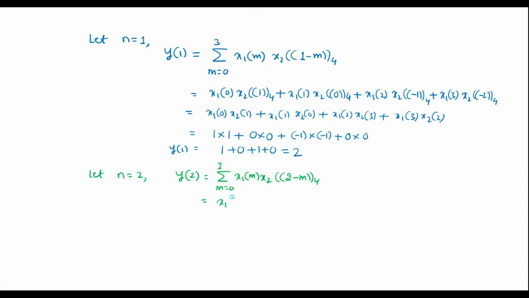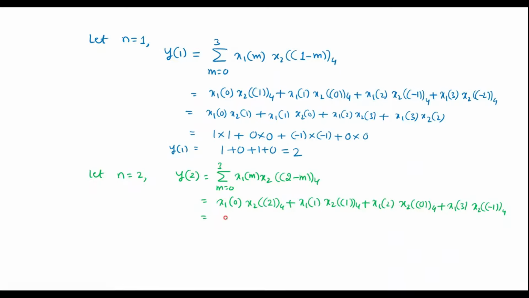So this will be x1 of 0, x2 of 2 minus 0, that is nothing but x2 of 2, plus m equal to 1, that is x1 of 1 into x2 of 2 minus 1 is 1, plus m equal to 2, x1 of 2, x2 of 2 minus 2 is 0, plus m equal to 3, we'll be having x1 of 3, x2 of 2 minus 3 is minus 1.